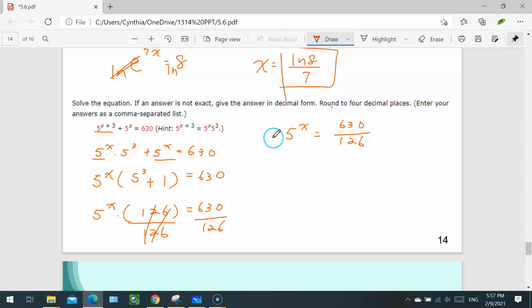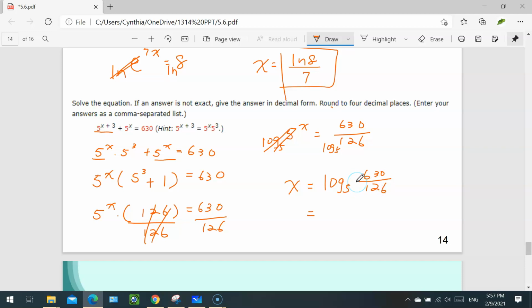Now I'm going to raise up log base 5 on both sides. Now log base 5 will cancel out with the 5. So your x is equal to log base 5 of 630 over 126.